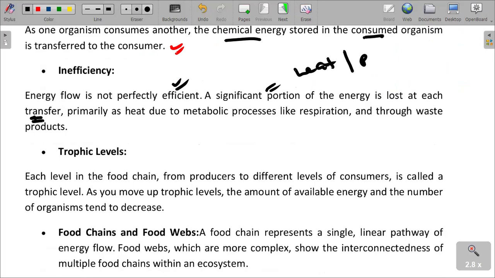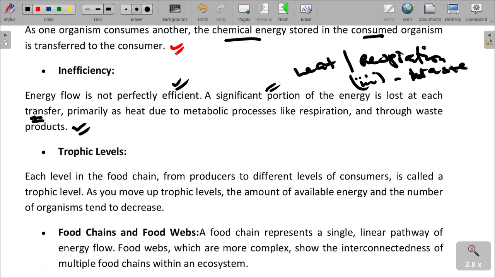It is lost through respiration and metabolic processes, and through waste products also, which are sources of loss of energy. So the third one we need to talk about is the release of waste products.